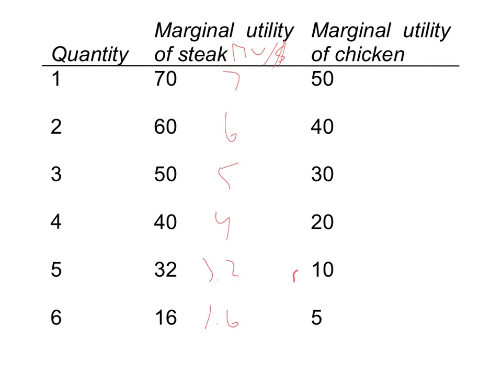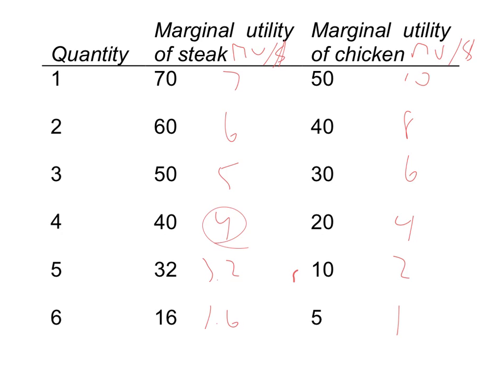Price of chicken is 5, so marginal utility per dollar is 10, 8, 6, 4, 2, and 1. Now notice, again, the information we're given here is in terms of marginal utility. The first step has already been done for us. And from this point on, we follow the same rule. We look for a match.